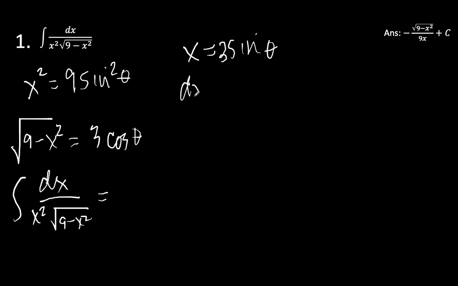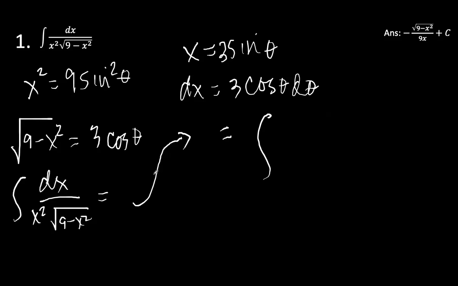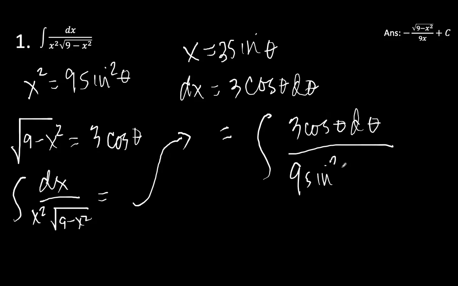We have dx, and the derivative of 3 sine theta is 3 cosine theta with respect to theta. So this becomes the integral of dx, which is 3 cosine theta d theta, over x squared, which is equal to 9 sine squared theta.